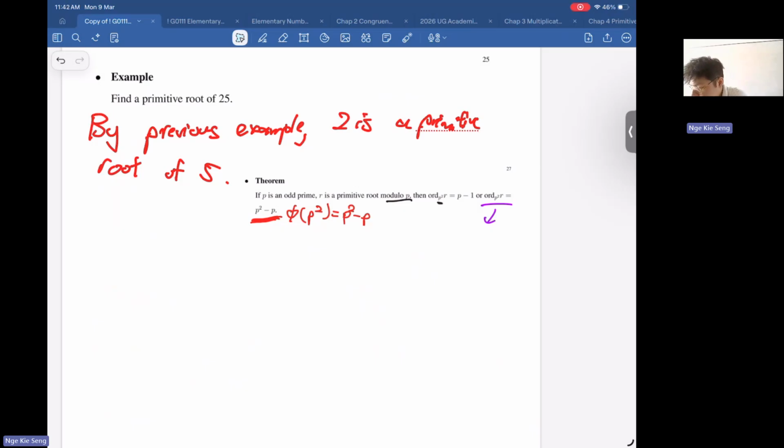Okay, let's try. There is only one thing you need to check. If 2 to the p minus 1 does not go to 1, then it should be a primitive root.